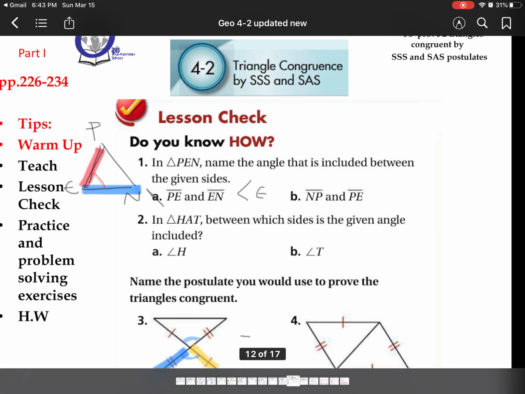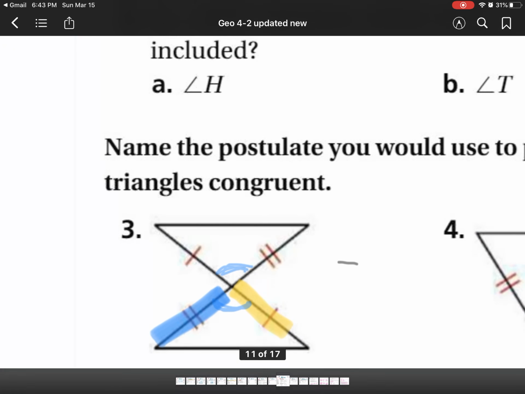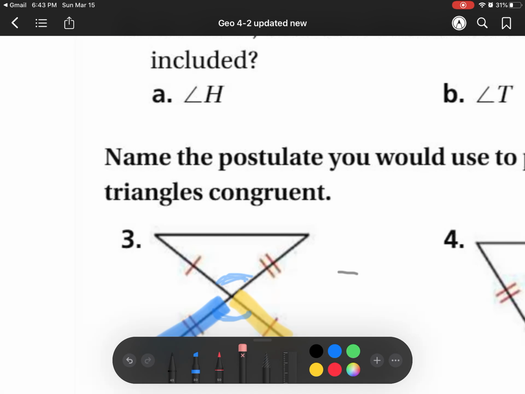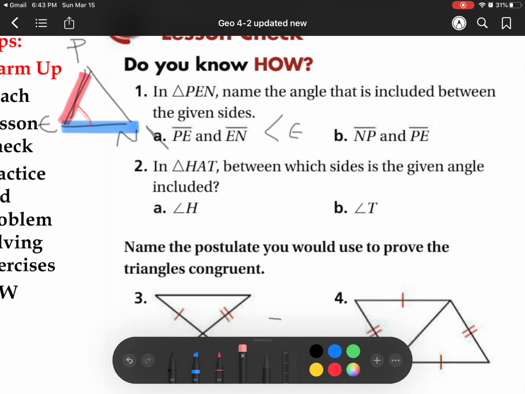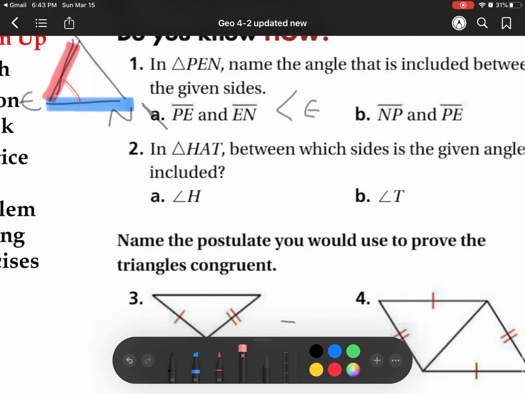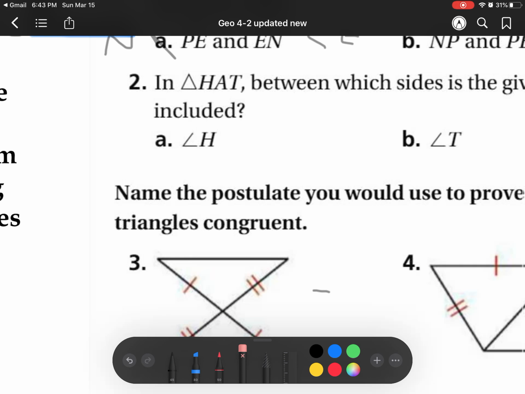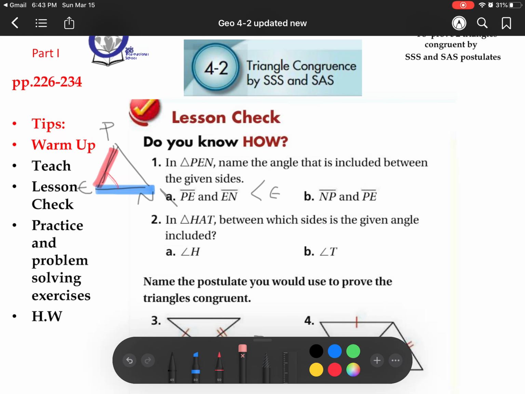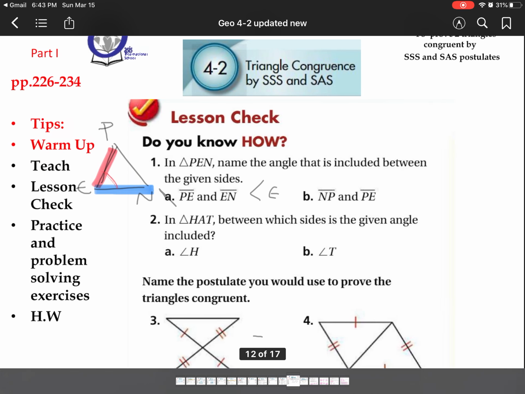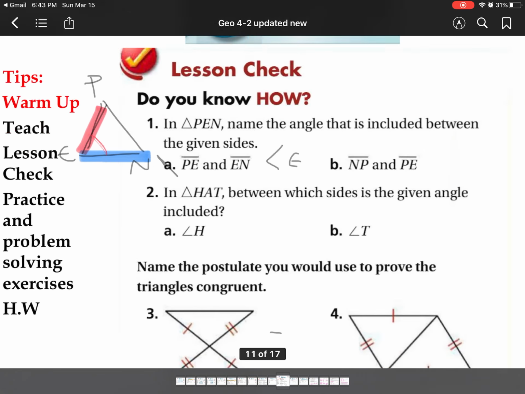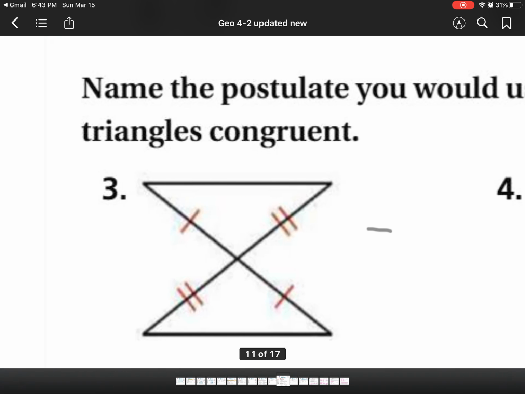Okay. Let's see. Question number 3. He's telling me to name the postulate. When he says to you name the postulate, this means which postulate you will use, SSS or SAS. Now I just want to show it to you here to zoom.